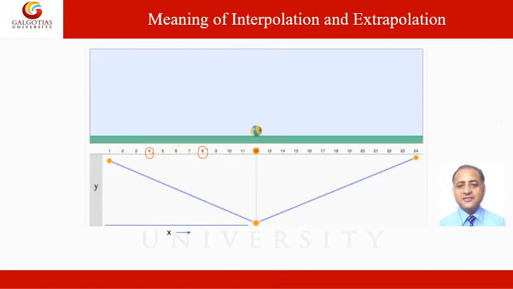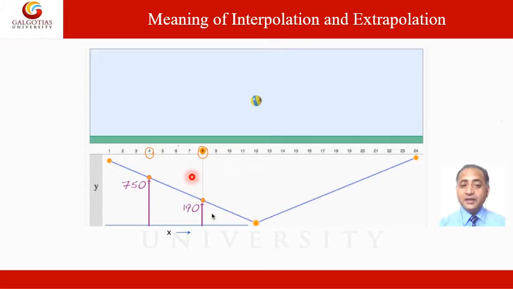Let us understand the meaning of interpolation and extrapolation with the help of an example. Here in the present case, y is a function of x. When x is equal to 4, the value of y is 750. When x is equal to 8, the value of y is 190.